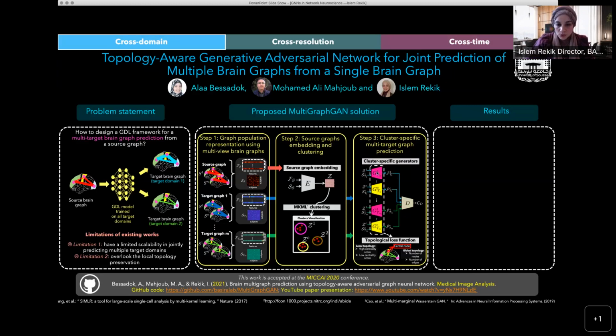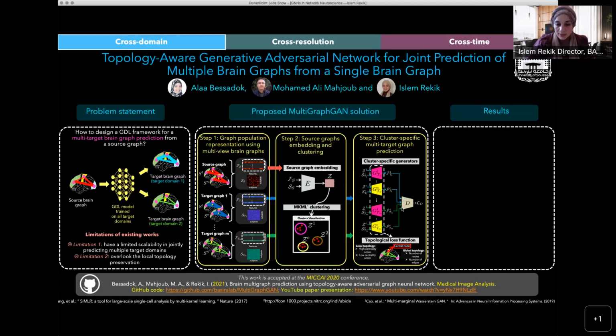So we have cluster 1 to cluster C, and for the other domain, domain TM, we also have cluster 1 to cluster C. For each cluster, we do this training, and we predict a target graph. All these decoders are regularized by a single discriminator network.